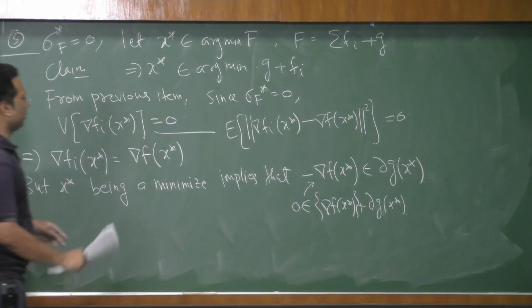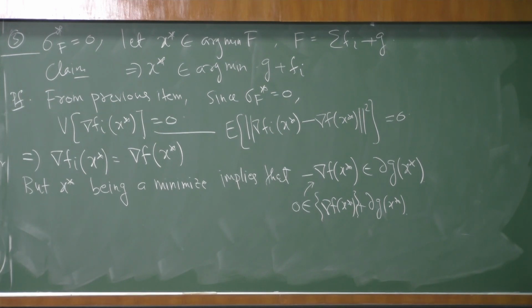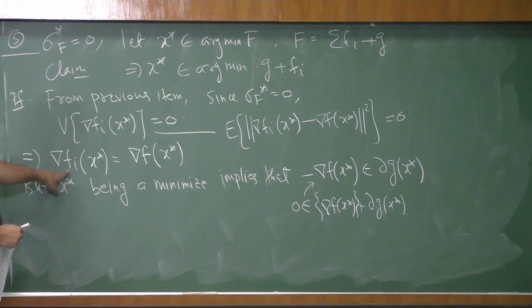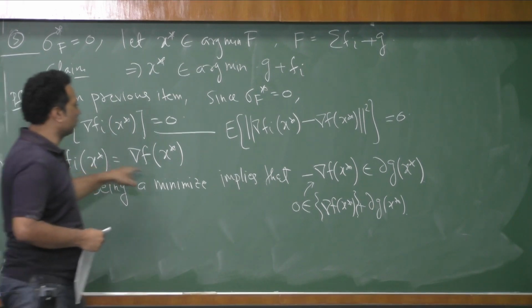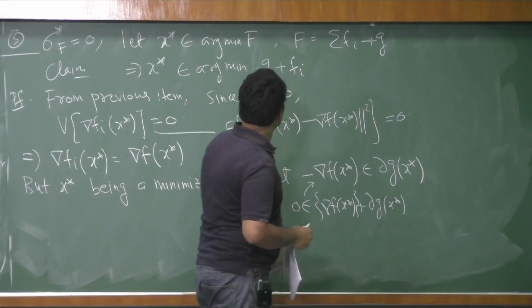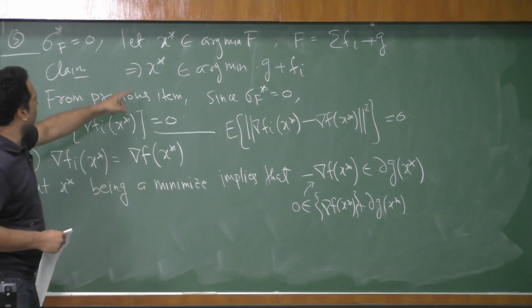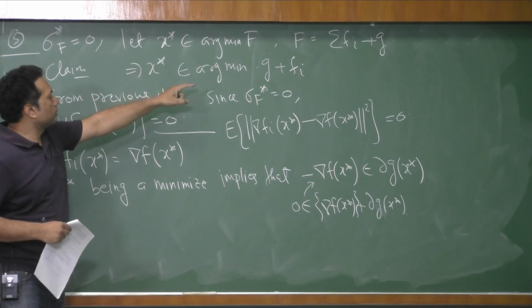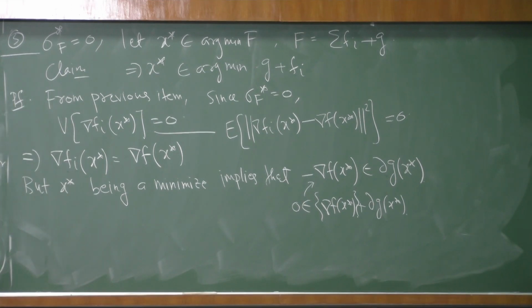This is a consequence of x star being a minimizer. But then each of these grad fi x star is equal to grad f star. So I can make the conclusion that minus grad fi x star is also in this subdifferential, and from there I can claim that x star is in the argmin of g plus fi. So the proof is more or less coming from there.